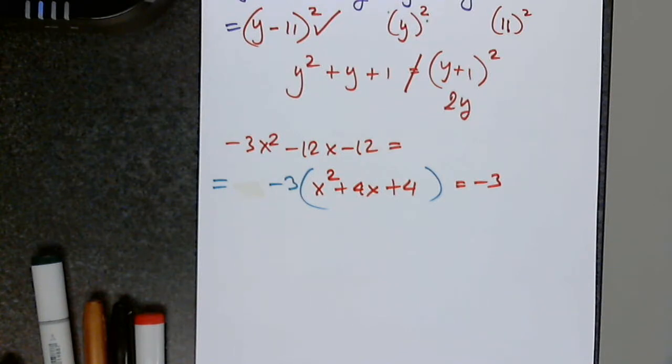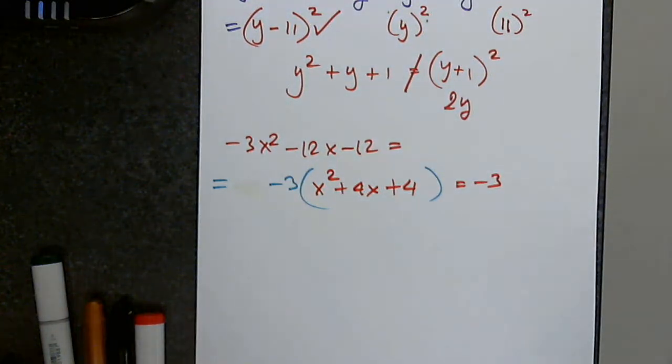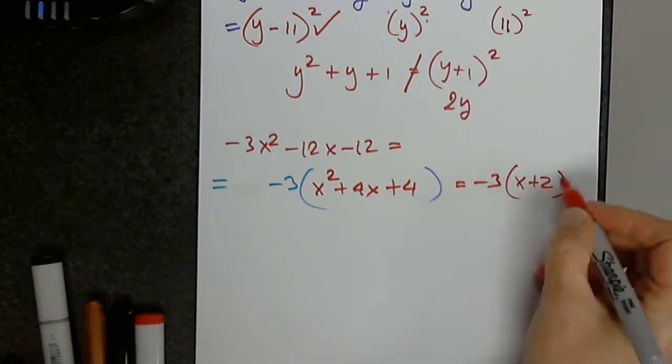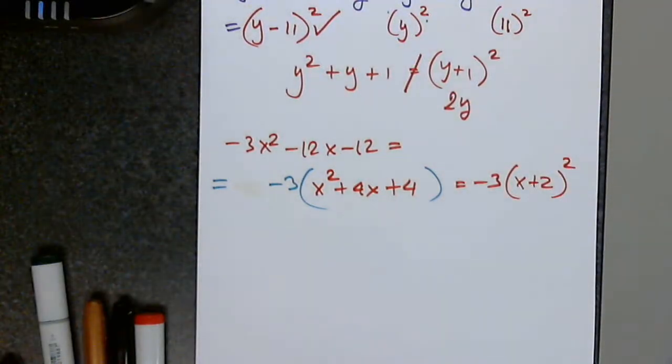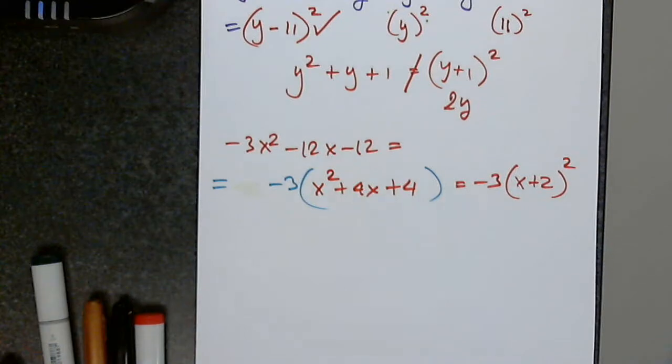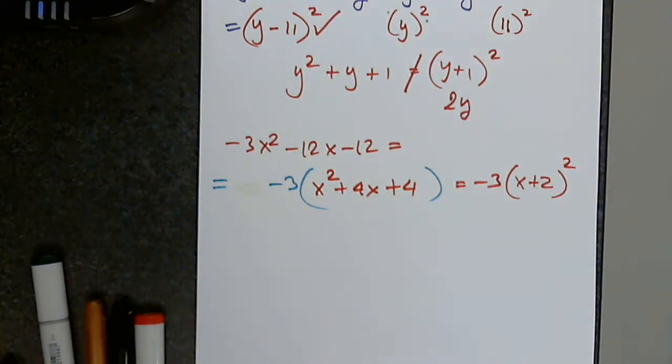Look at the first term, look at the second term, and come up with an assumption. What is the assumption? X plus 2. Yes, the assumption is this. However, it's not 100% till I check what? The middle term. What will be the middle term in this expansion? 2 times x times 2, which is 4x. Do I have 4x here? Yes. So that's correct then.